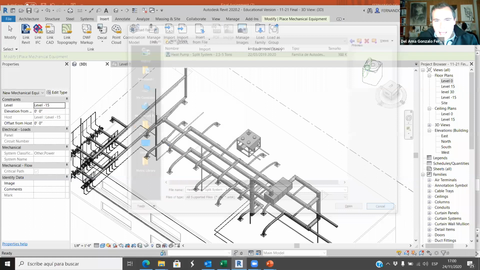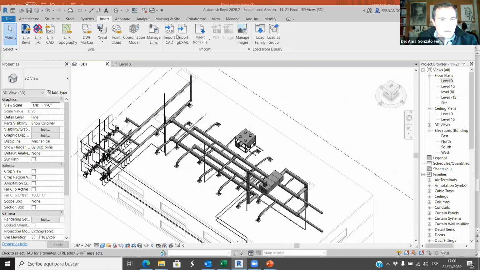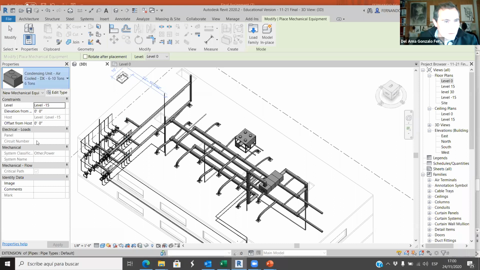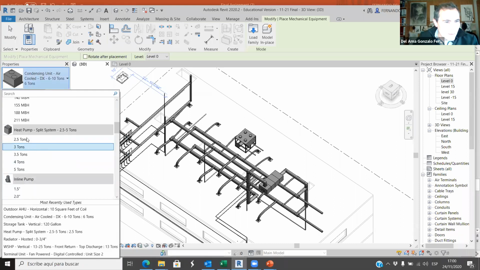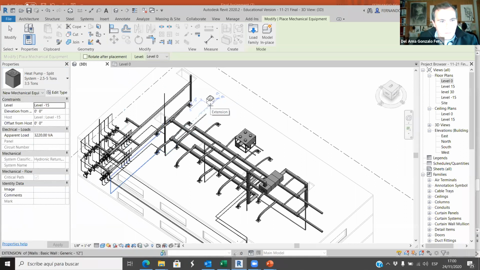What we don't have is, here we have to insert the system, mechanical, heat pump, let's say 3.5 tons. And we have to insert it here on the roof, level 30.